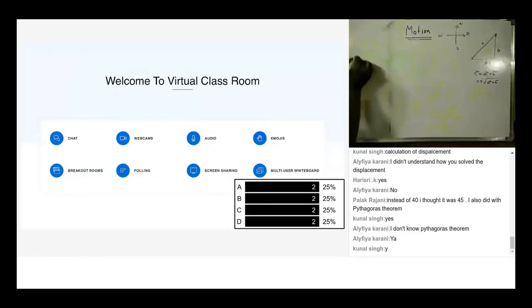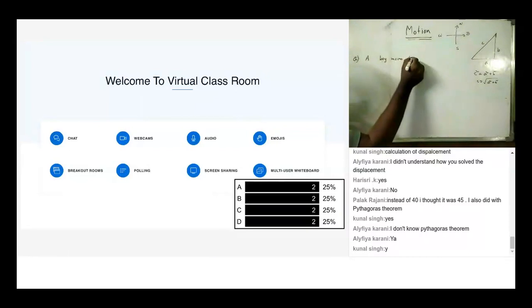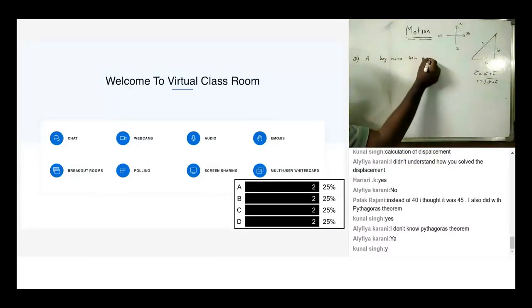Now let's say I have a question. A person or a boy moves 40 meters east, right?